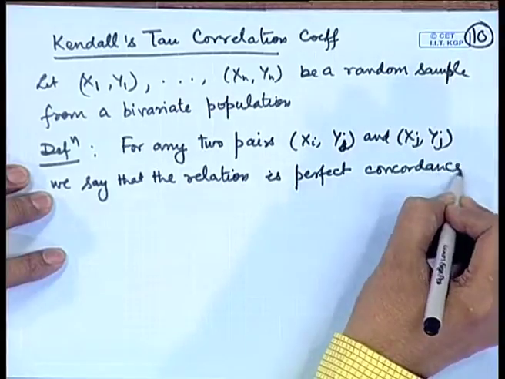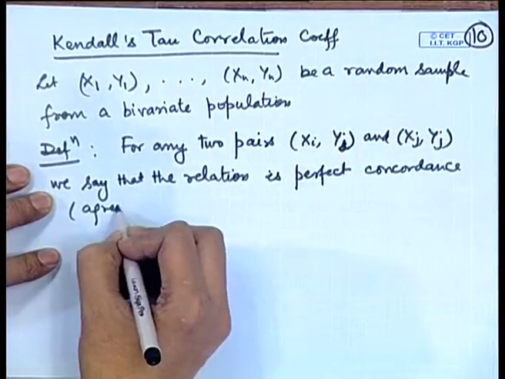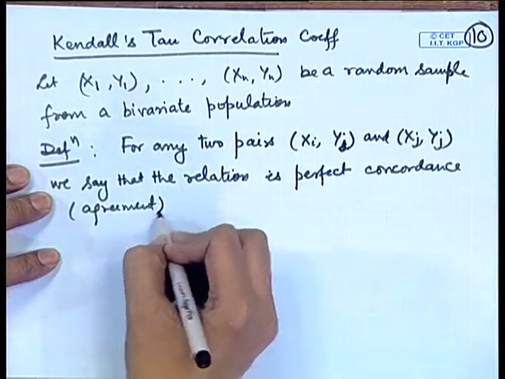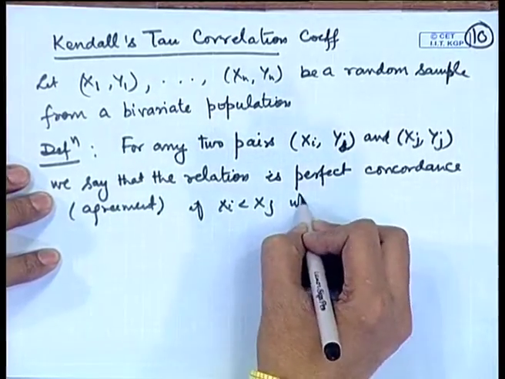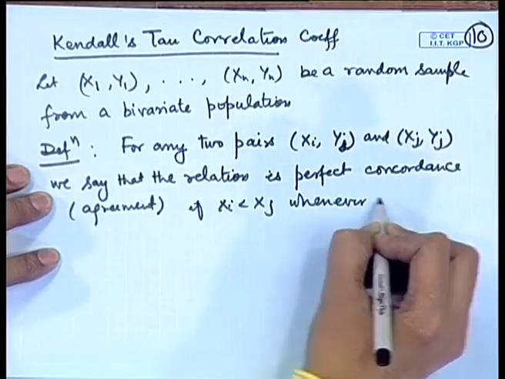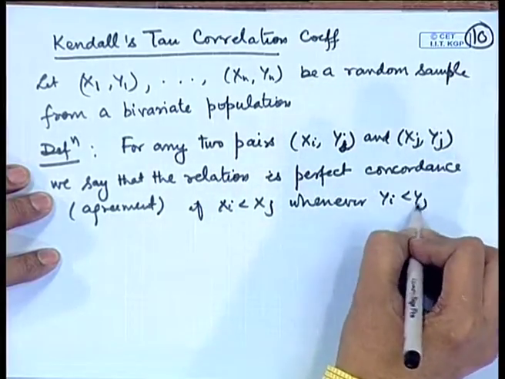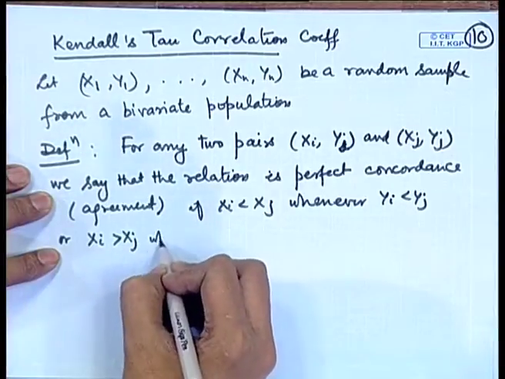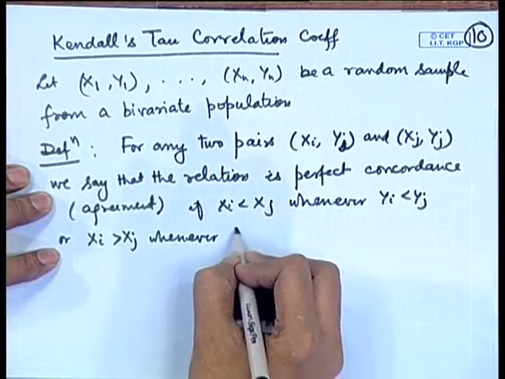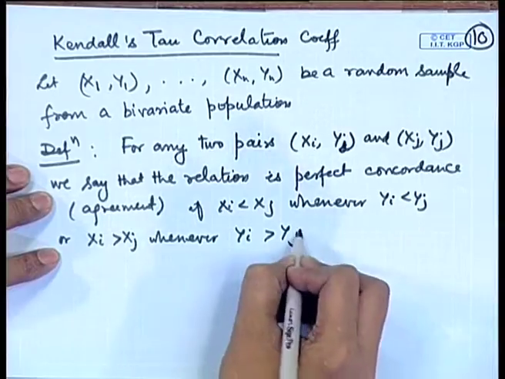Concordance here means agreement: they are in agreement if xi is less than xj whenever yi is less than yj, or xi is greater than xj whenever yi is greater than yj.